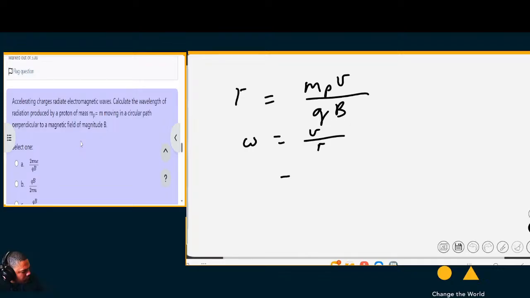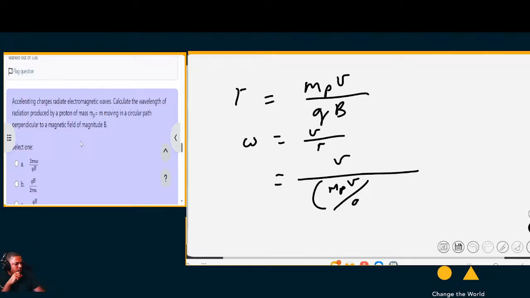Therefore, if we substitute v over this whole formula, which is the radius, it's v over m_p v divided by qB.